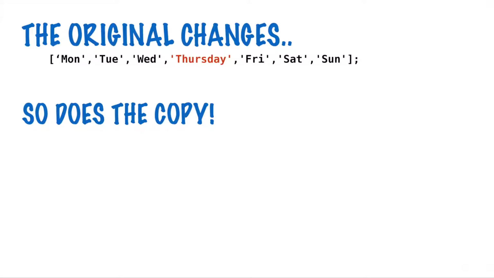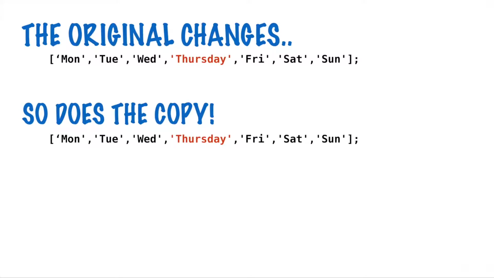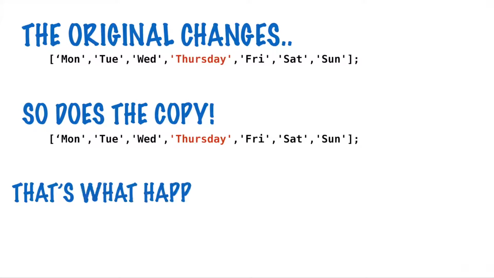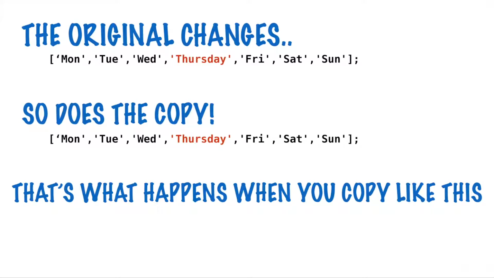If you print out the value of the array which shallow copy holds, you'll notice that it looks exactly like the original array with all its updates. THU has been updated to the full form Thursday even in the shallow copy variable. So this wasn't really a copy. This is what is called a shallow copy.